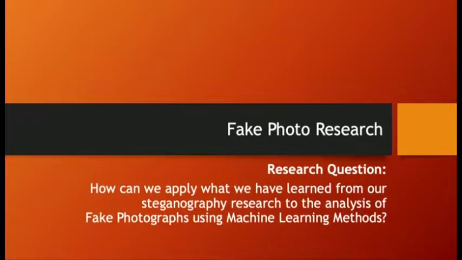So can we apply, at some level, what we've learned from the detection of hidden content within images, and maybe use some machine learning to detect images that have been altered from a fake photo perspective?